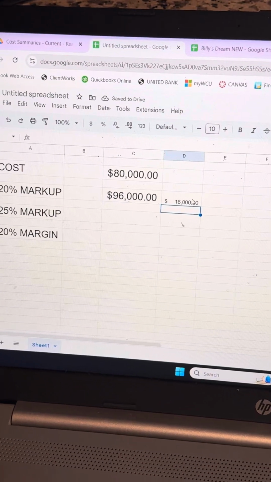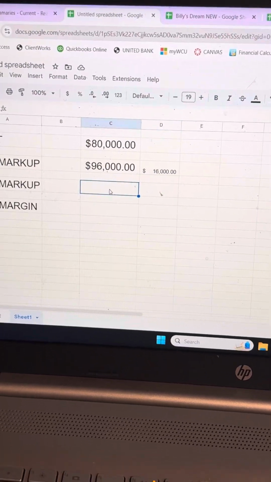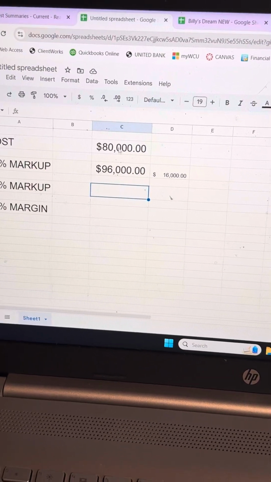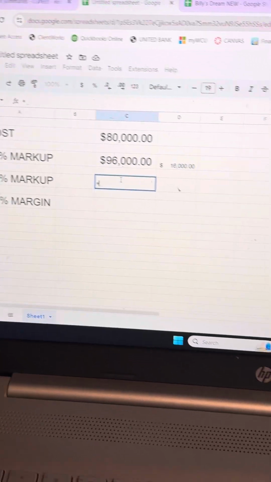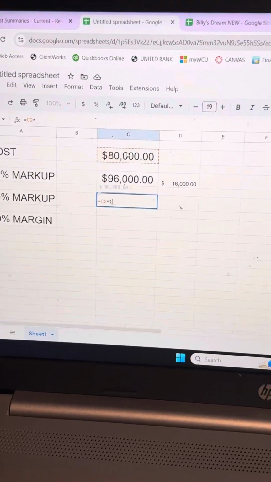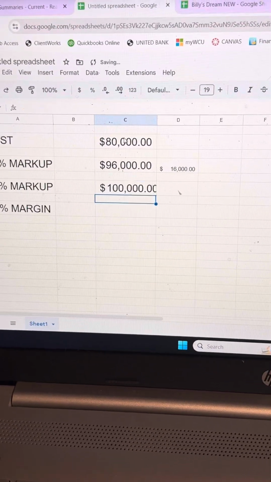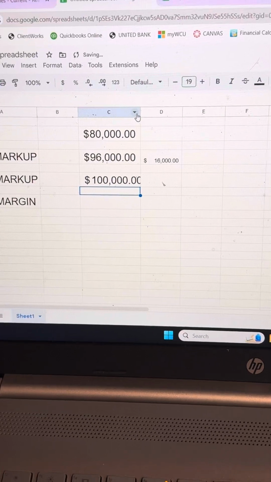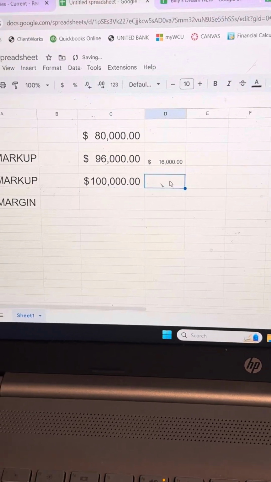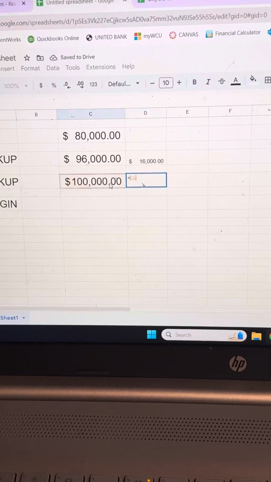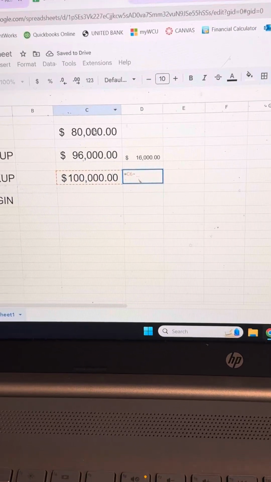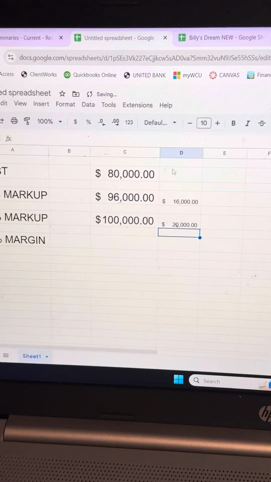That would be the profit. Now if we go to 25% markup, that would be 80,000 times 1.25. That is 100,000, which in profit would be obviously 20.